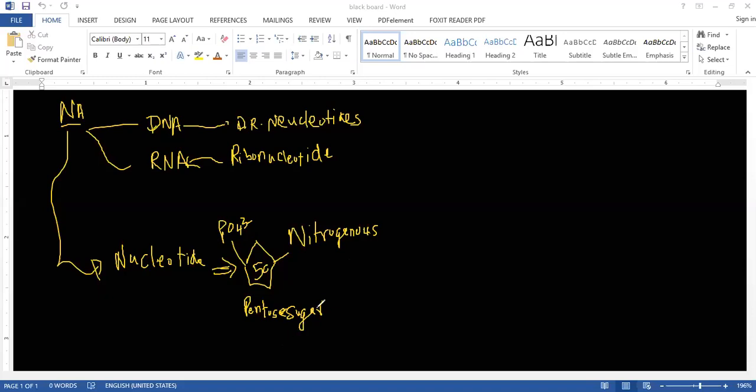Okay, this is a very important part. Right, pentose sugar. And there are two types of pentose sugar: deoxyribose sugar and ribose sugar.